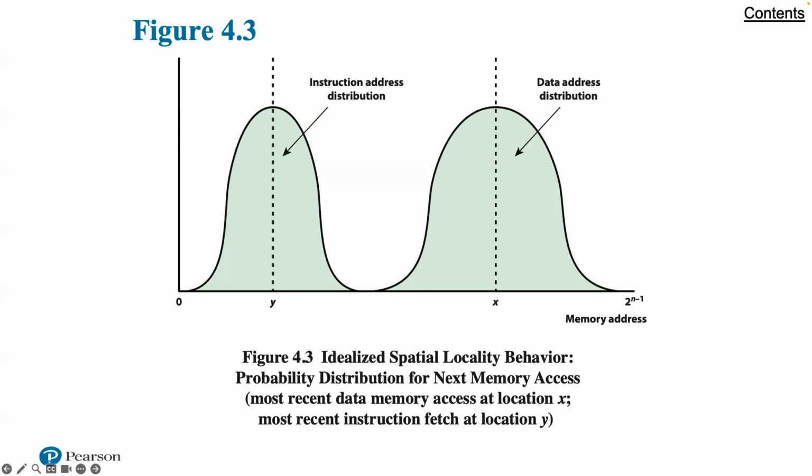And of course, temporal locality exhibits the same dual behavior: data temporal locality and instruction temporal locality. When an instruction is fetched from a unit of memory, it is likely that in the near future, additional instructions will be fetched from the same memory unit. And when a data location is accessed, it is likely that in the near future, additional data will be accessed from the same memory unit.